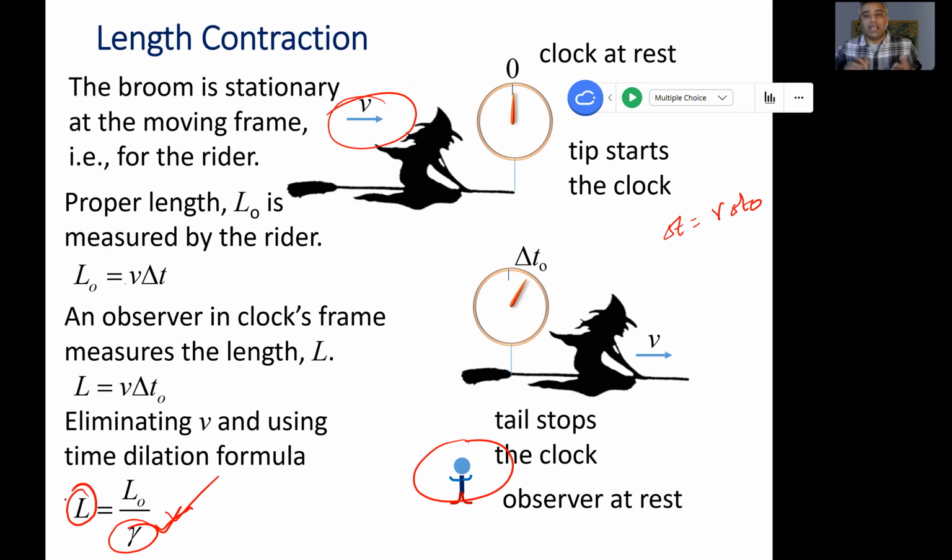So you will see the car being shrunk if it were moving at a speed close to the speed of light. It would look funny, not longer, but like a straight line. So that's what this is telling us.